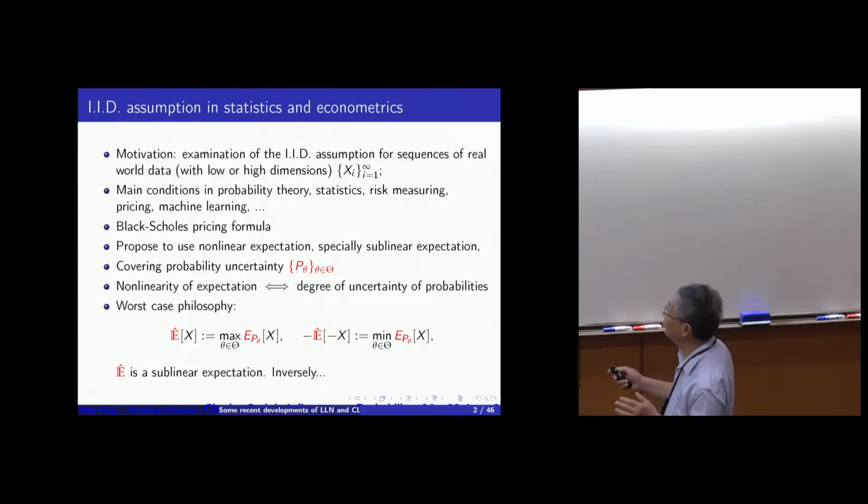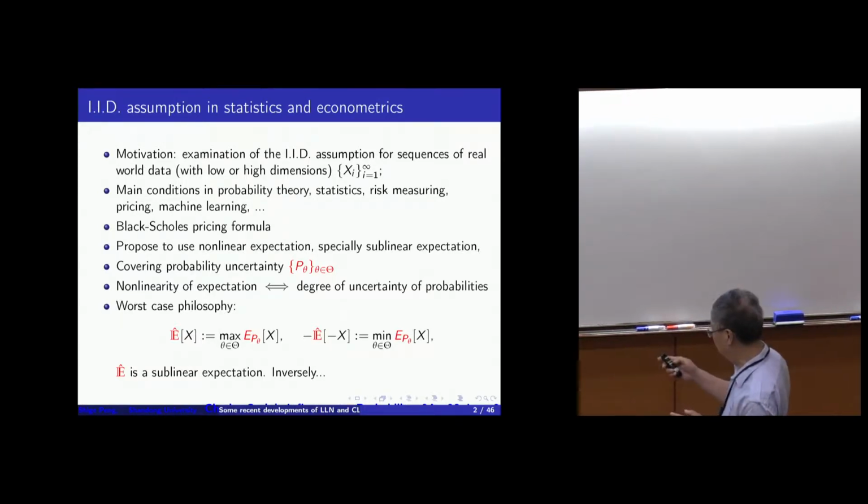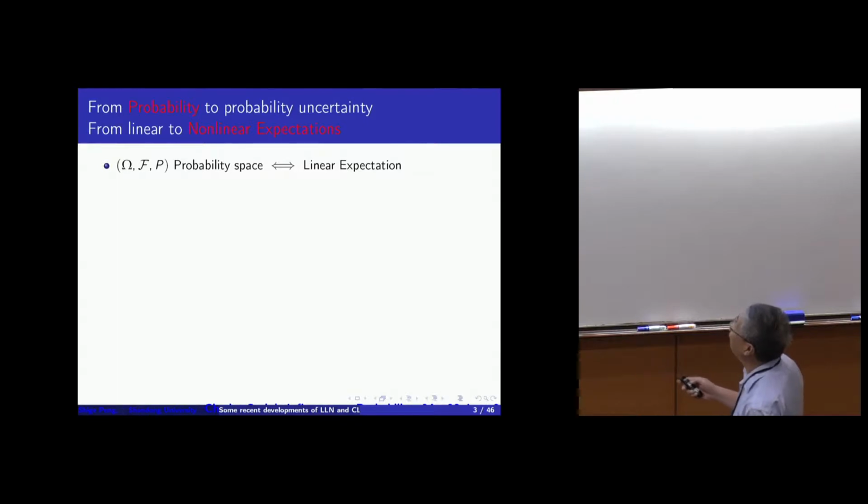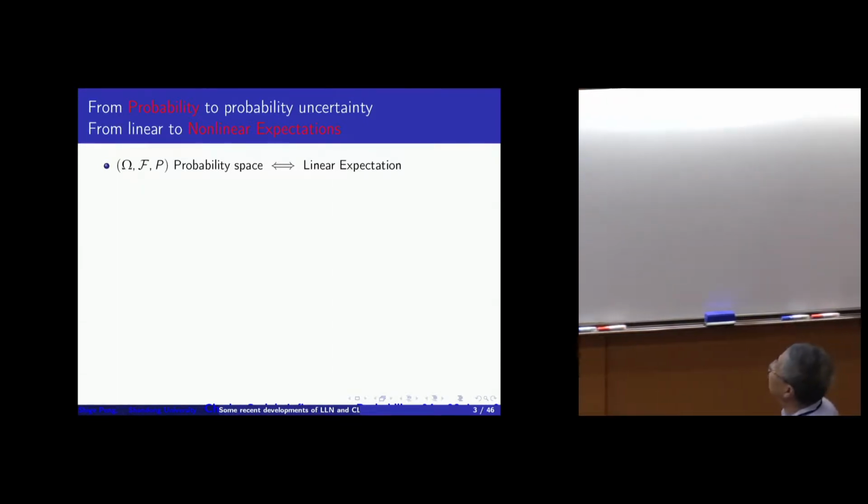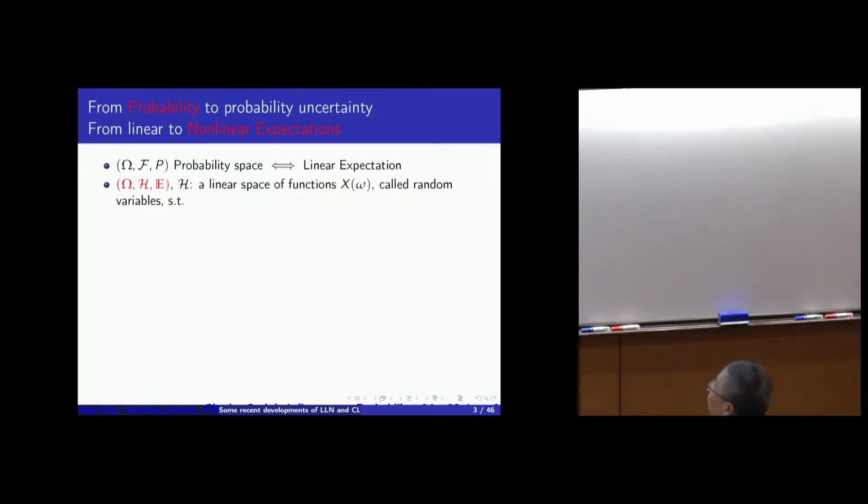We know that a linear expectation has a corresponding probability. This is the so-called Daniell-Stone theorem.